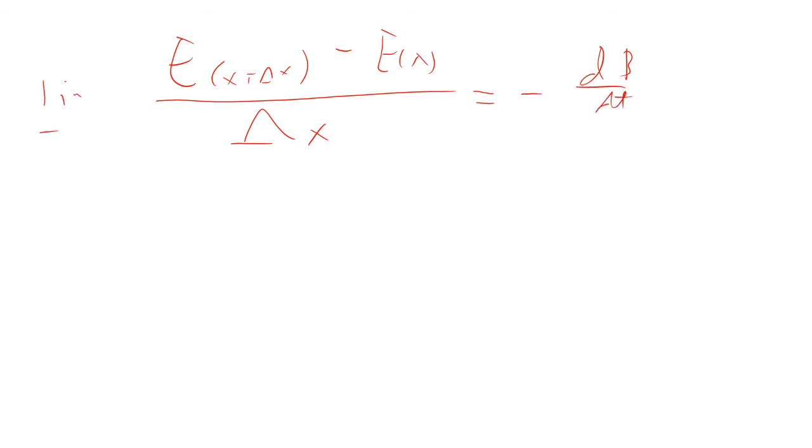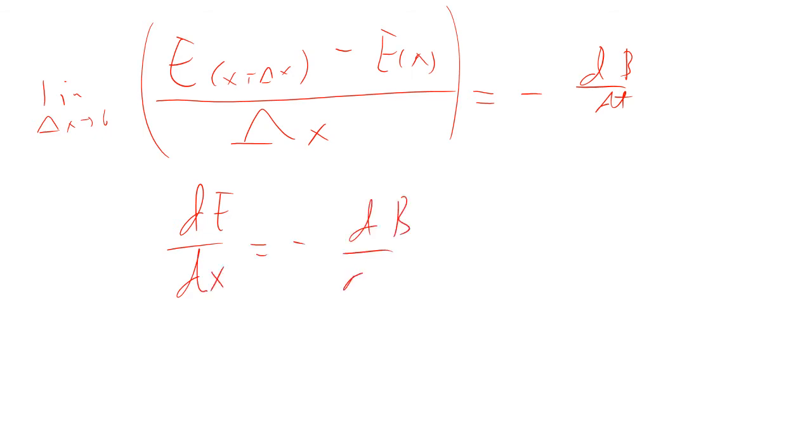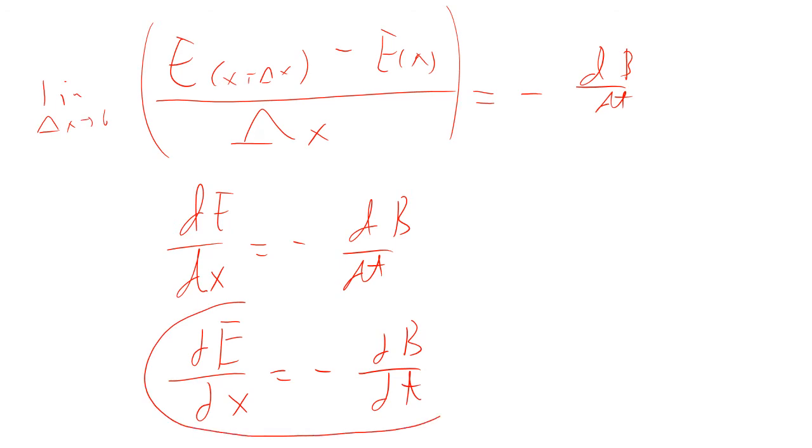If we take the limit as delta x goes to 0, the term on the left is a derivative, so dE dx equals minus dB dt. Really, E and B are both dependent on both x and t, so we should say the partial derivative of E with respect to x equals minus the partial derivative of B with respect to t. So hold on to that.